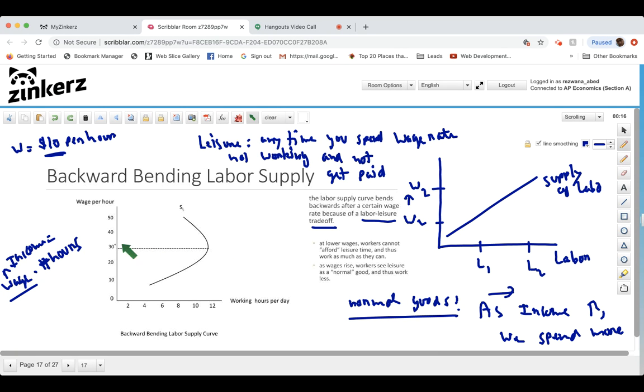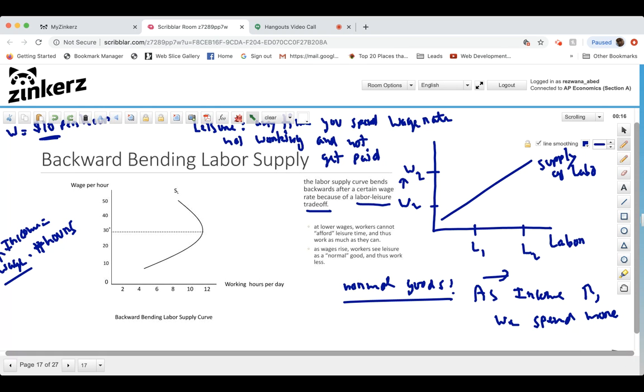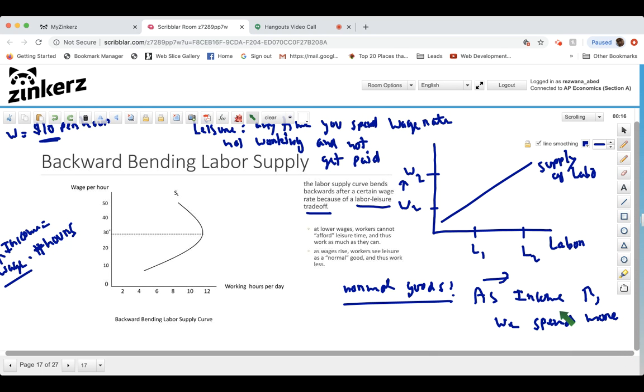Beyond this hourly wage rate, which is going to be different for different people, people are going to respond by working less, because they're going to choose to spend more time in leisure rather than working. They have already achieved a target income, and now they can see leisure as a normal good, and because their income is increasing, they're going to consume more leisure, I guess you could say.